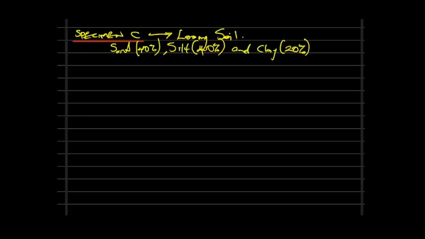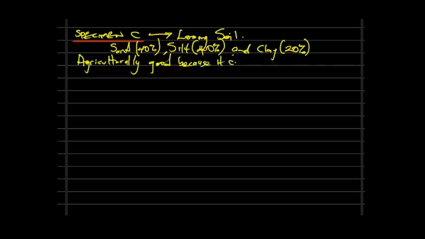It is agriculturally very, very viable, agriculturally good, because of its high humus content. Now this humus has an active ingredient in it called humic acid.